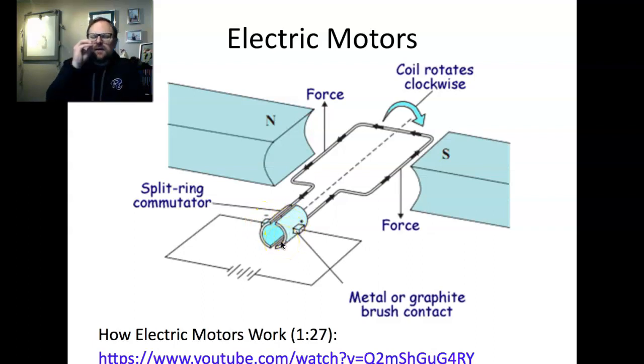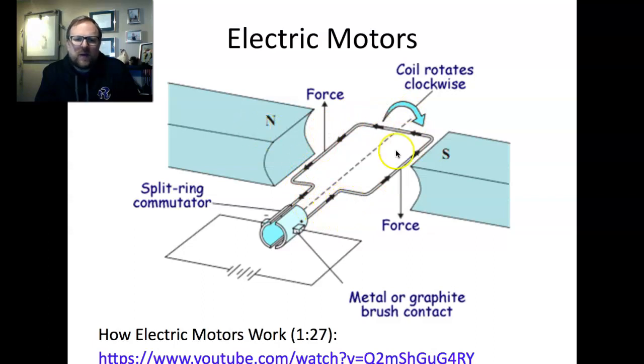At that point, the electric circuit is broken. Then it continues its rotation and has contact, and the flow begins again. So as electrons are flowing through this coil, which is a very simplified coil, this flow of electrons is generating a magnetic field.